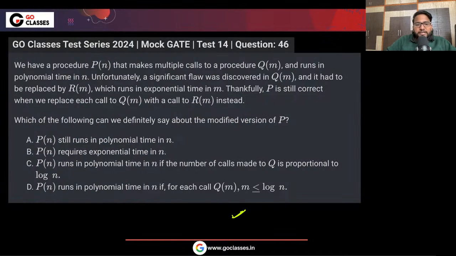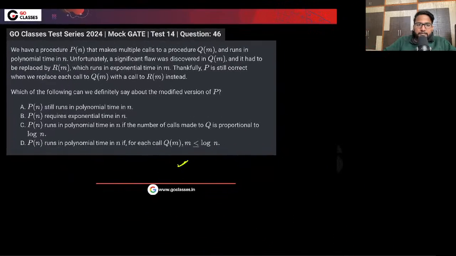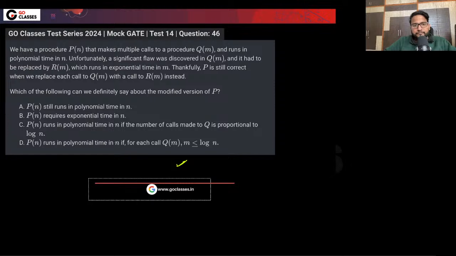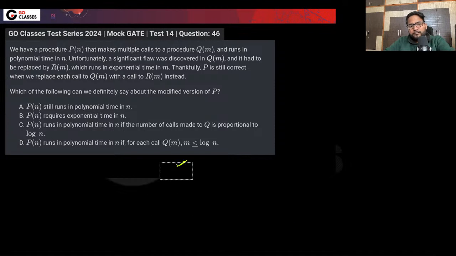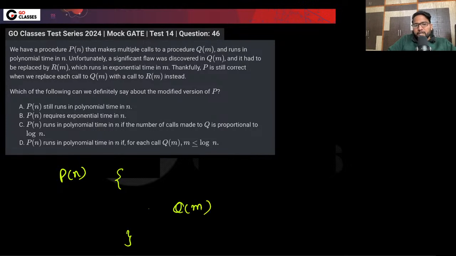Okay, so what they're saying is there is a function called PN, right? So PN is making a call to QM.